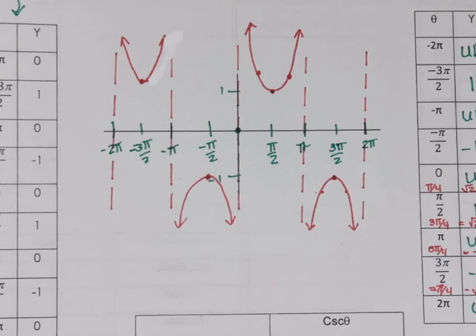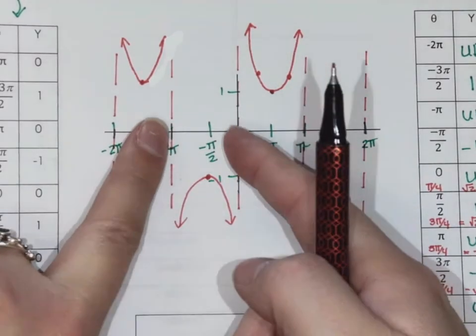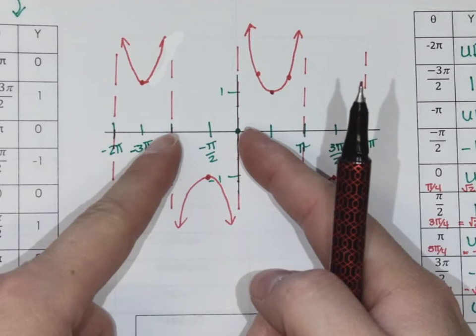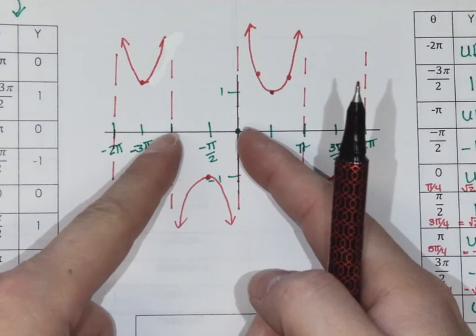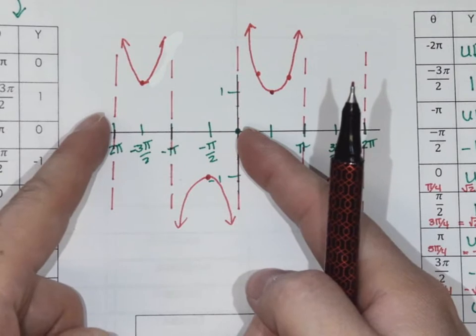Another problem. Are they all downward parabolas? Oh, 2 pi. You need the upward parabola and the downward parabola to complete the set, right? That's when your pattern repeats. So it's not pi, it's 2 pi? 2 pi. And you would expect that because the sine period is 2 pi.